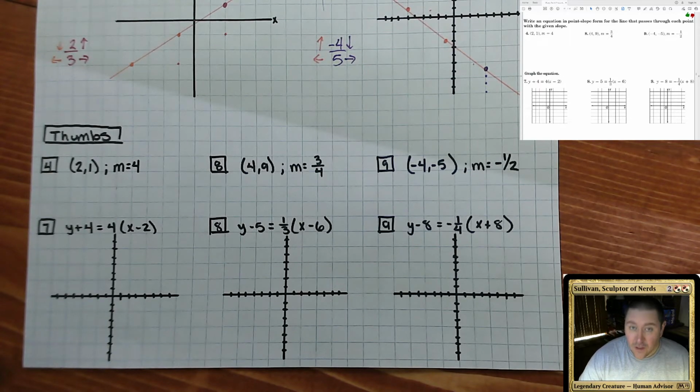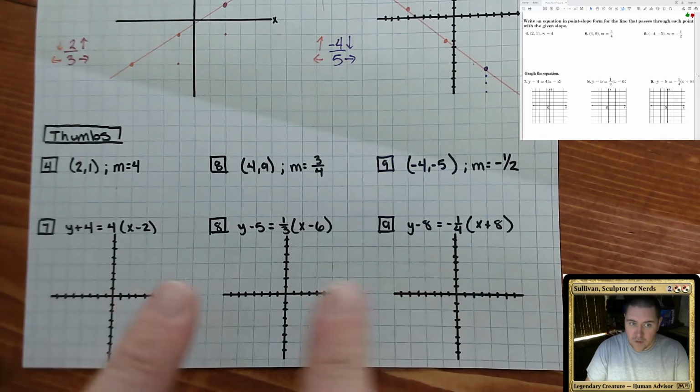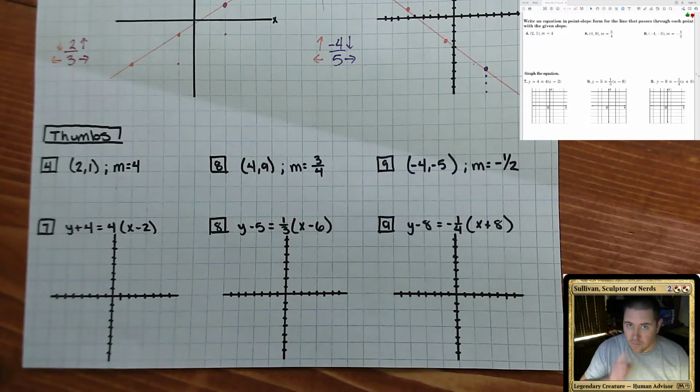So you're going to do all 6 of these. We need the practice. We got to make sure we know this stuff because the rest of your high school career in math is based on this stuff, being able to do a line. So write these as point slope form. These are in point slope form, make their graphs. Pause it, go.